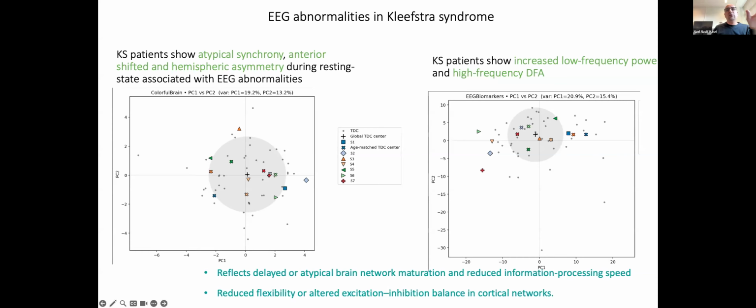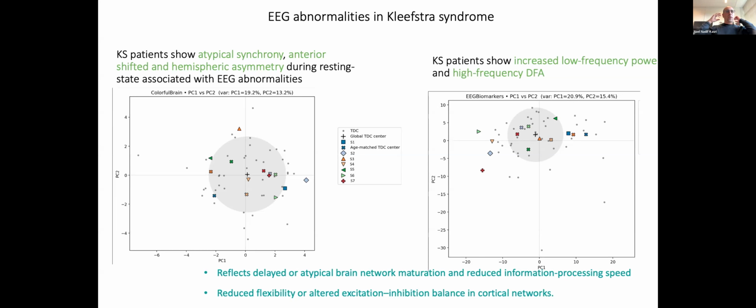We can do that at different levels of analysis, and you see quite consistently that EHMT1 patients do show an abnormal EEG. For the details, they show increased low frequency power and high frequency DFA, and also asymmetry between the activity.